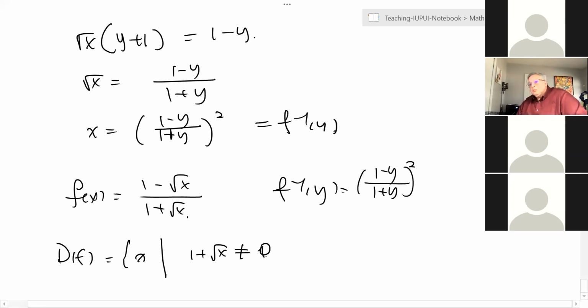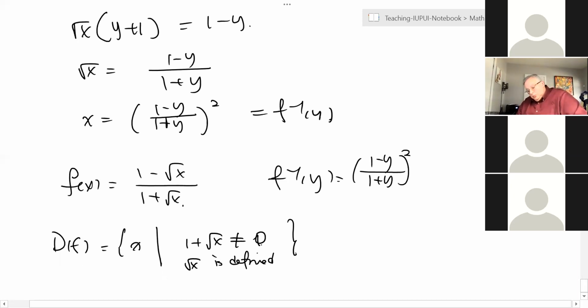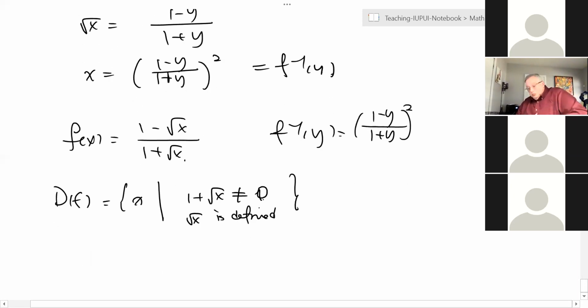That's clear. And then √x should be defined, so that means x cannot be negative. But once you can compute the square root of x, 1 plus √x will never be 0, so that is satisfied automatically.